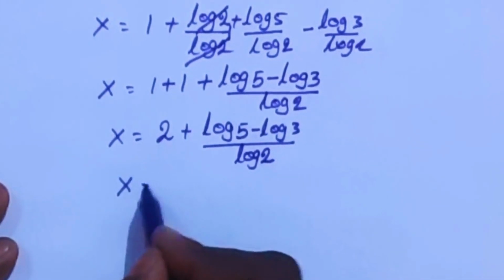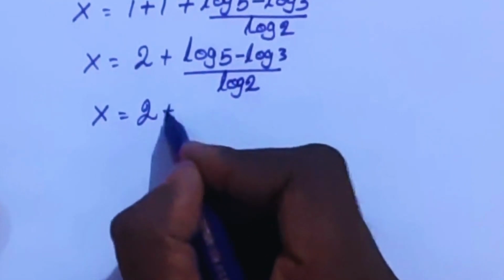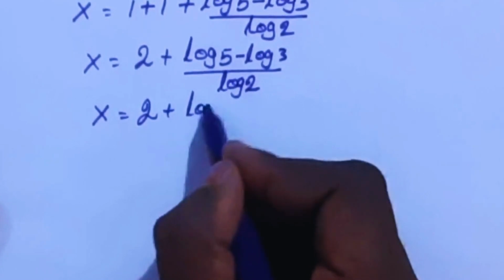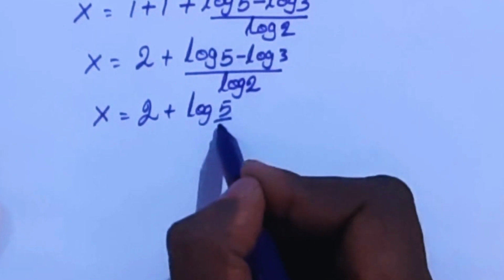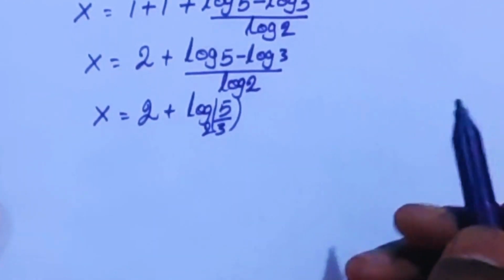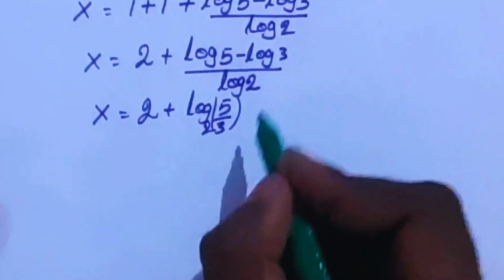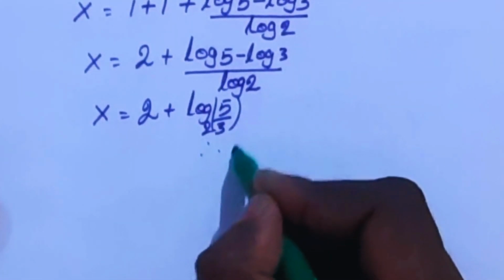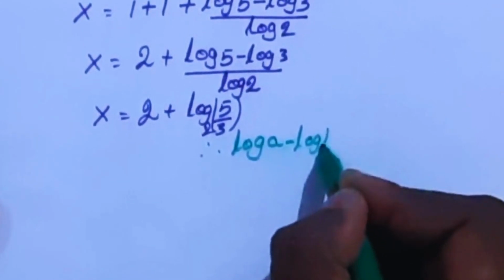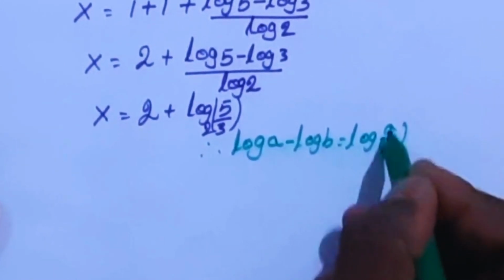Now x equal to, this can be written as per the log formula, log 5 by 3 base 2. We have applied here log a minus log b equal to log a by log b.